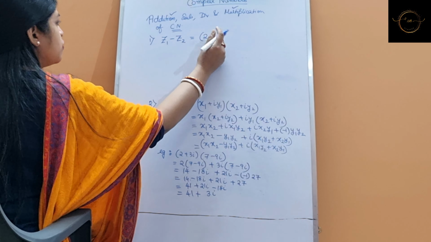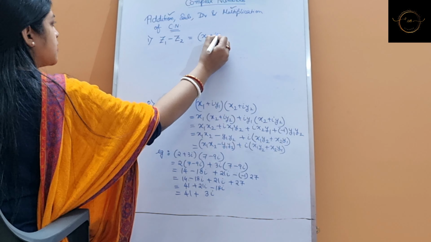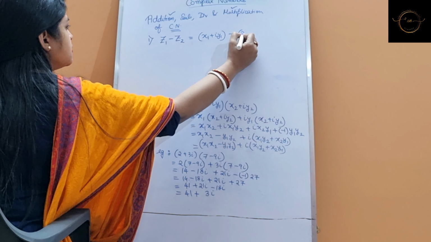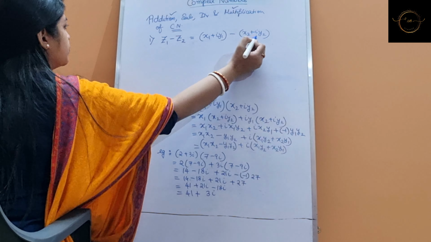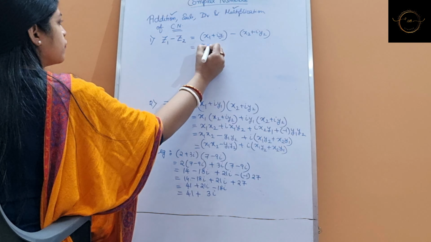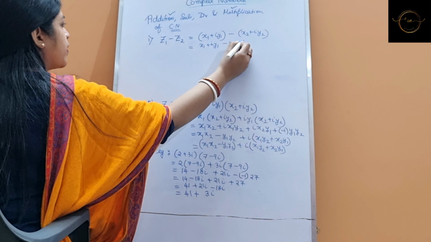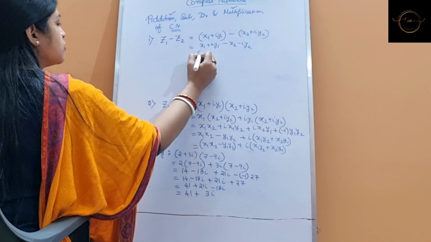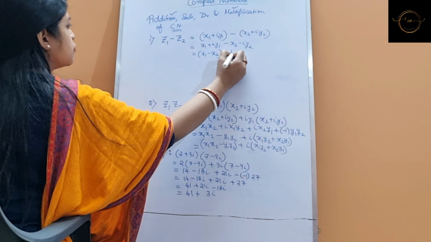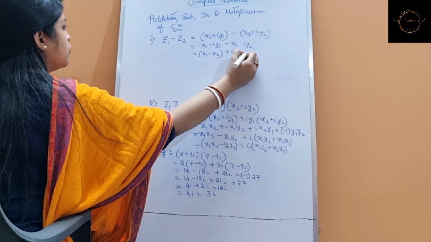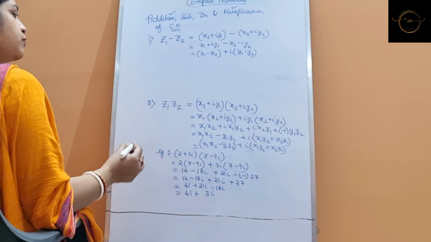This is equal to, I have taken the complex numbers as x1 plus i y1 minus of x2 plus i y2. So this will be x1 plus i y1 minus x2 minus i y2. So this will be, again take the real parts together, x1 minus x2 plus i into y1 minus y2.